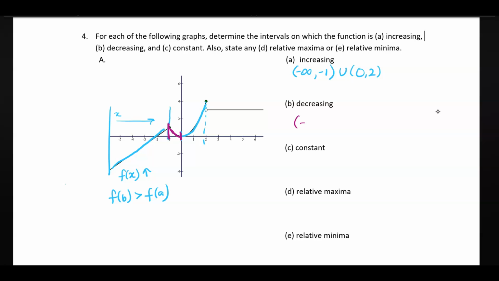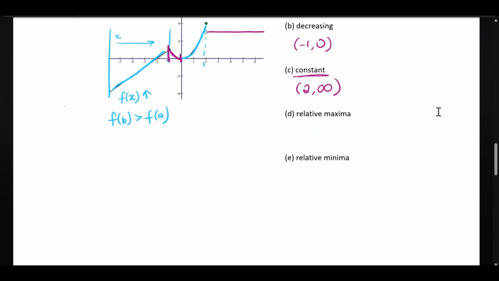So it's decreasing from -1 all the way to 0. That is our decreasing interval. Now a constant interval, that's where there is no change whatsoever. And so we can see here that from 2 to 6, or to positive infinity, it looks like it's going to remain constant.